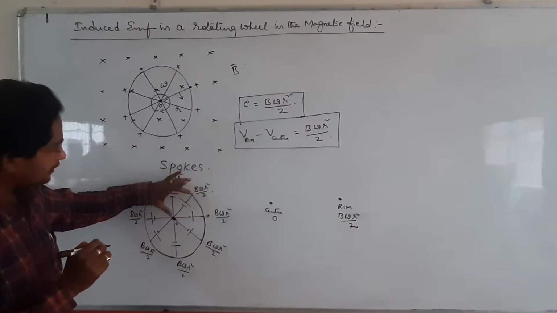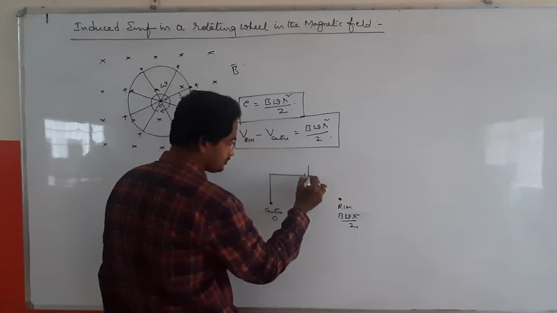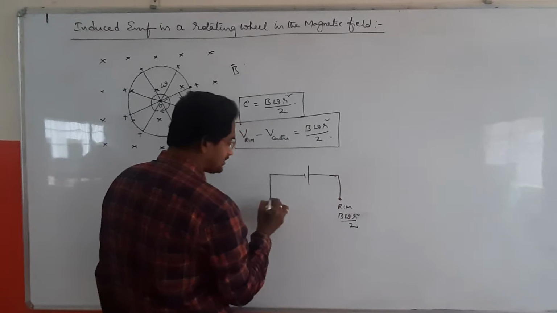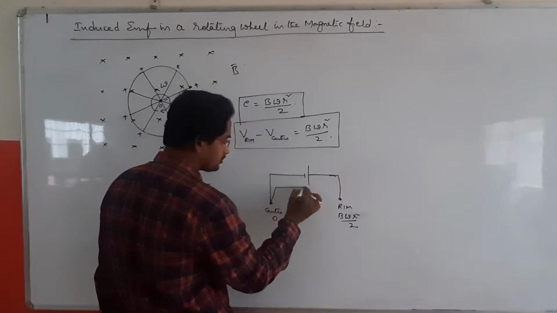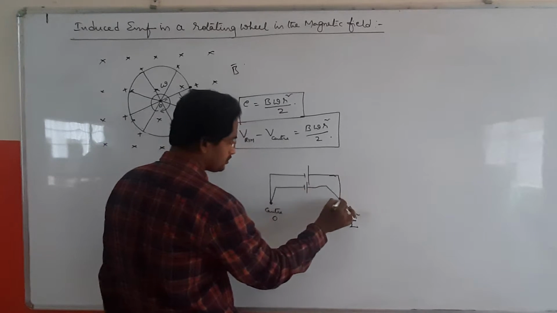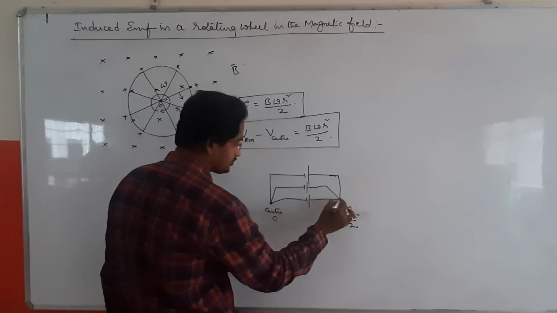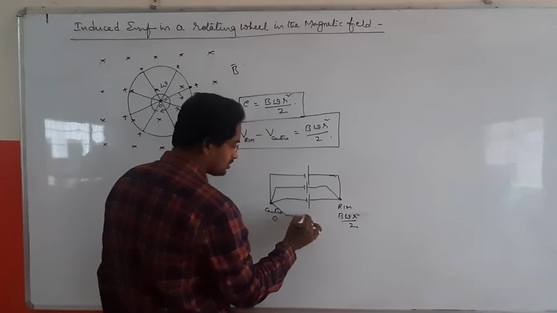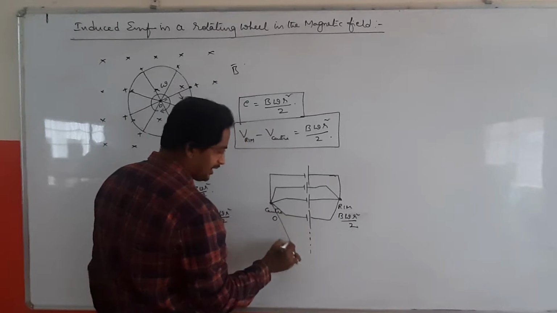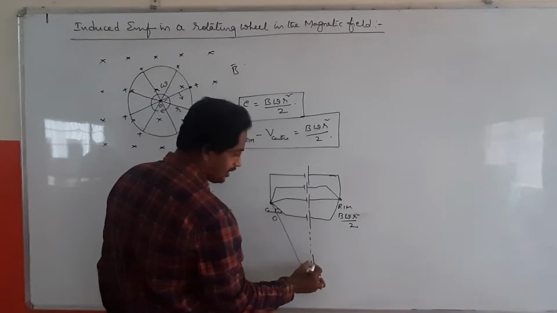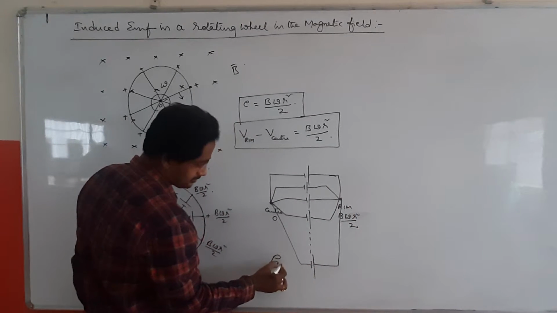This cell is in between these two points. The second one is also in between these two. The third one, the fourth one are also in between these two. Like that, all the cells are in parallel combination.